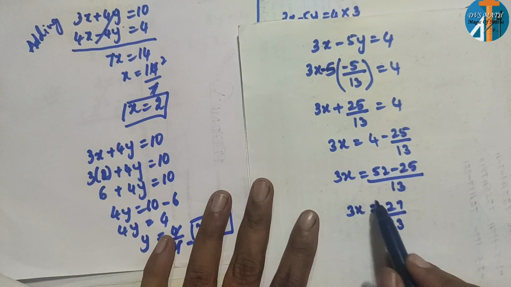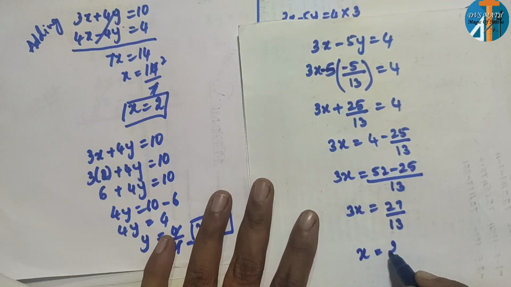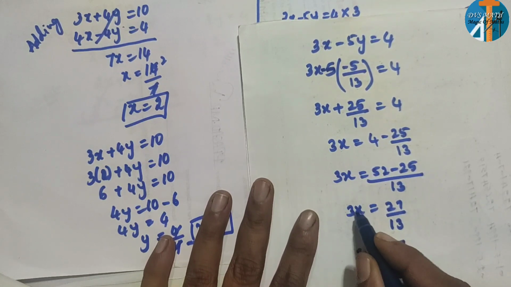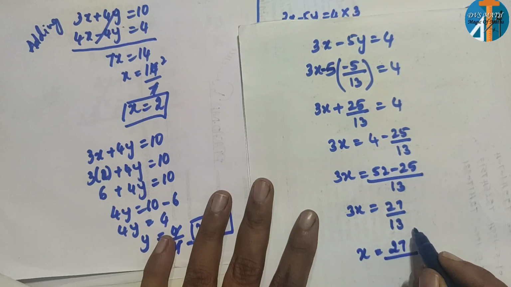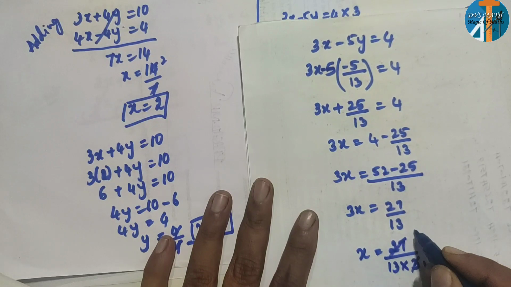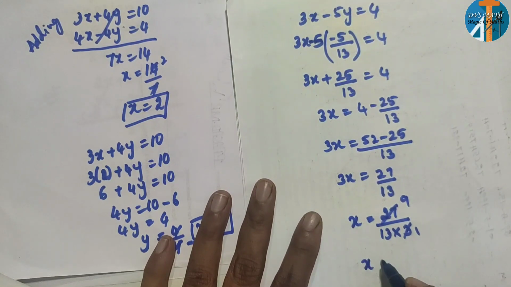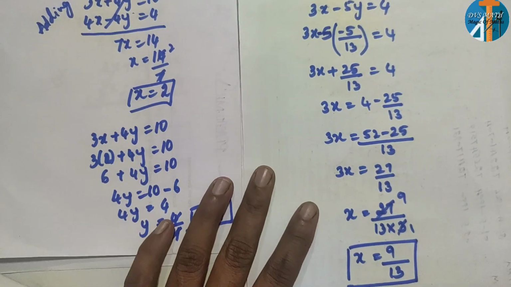But we want the value of x. x is equal to 27 by 13 divided by 3. So 3 9s are 27, and x is equal to 9 by 13.